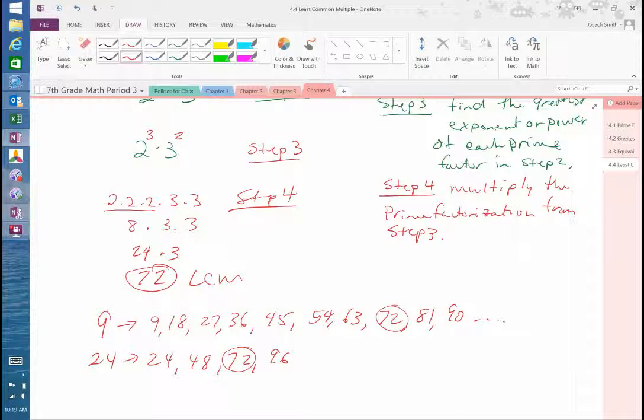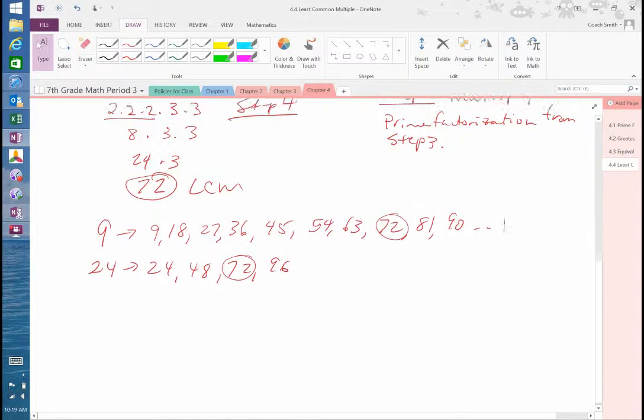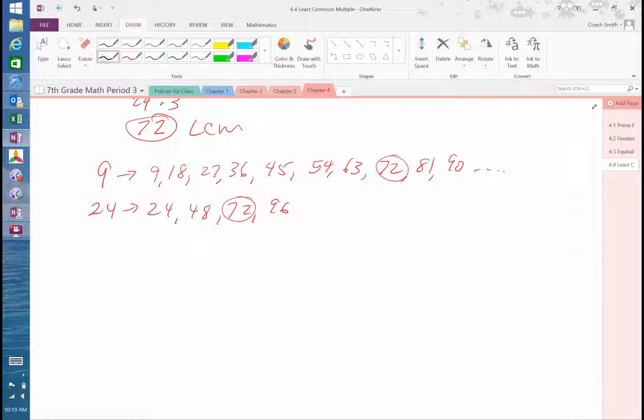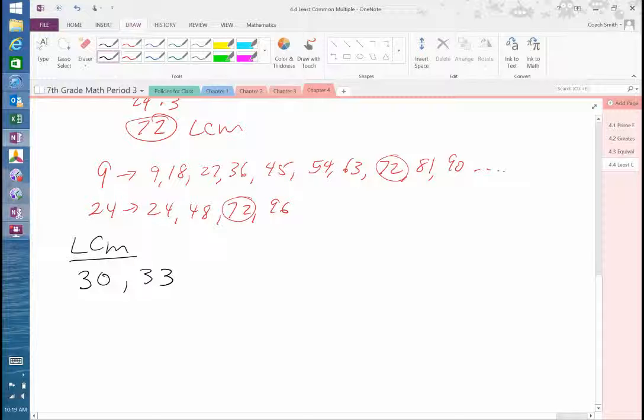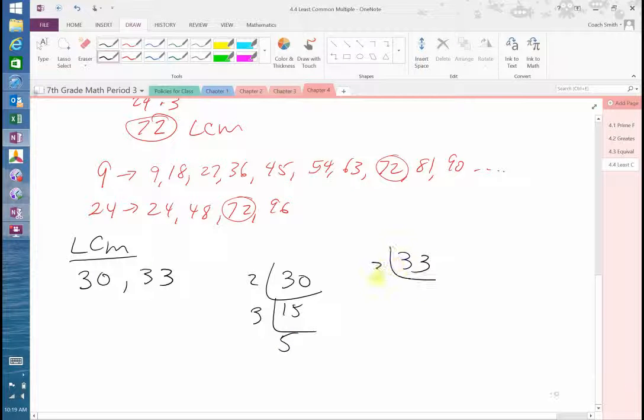Use the prime factorization. The reason we got to know the prime factorization is we look at this next set of numbers, 30 and 33. We want to find the LCM of 30 and 33. So if we prime factor 30, 2, 15, 2, 3, 5. 33, 3, 11.